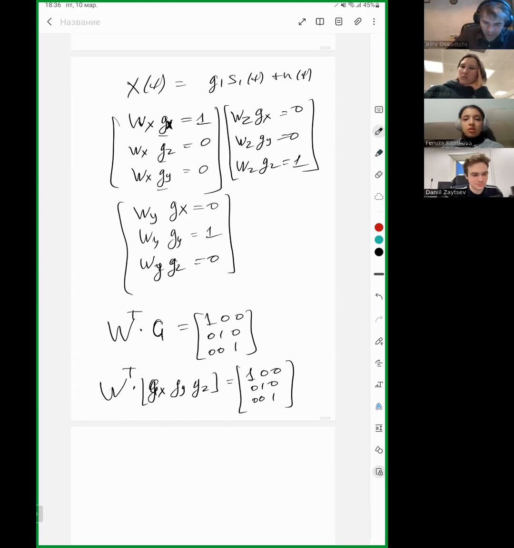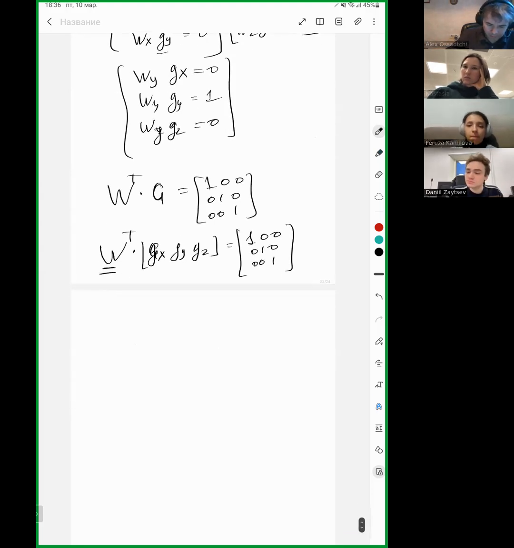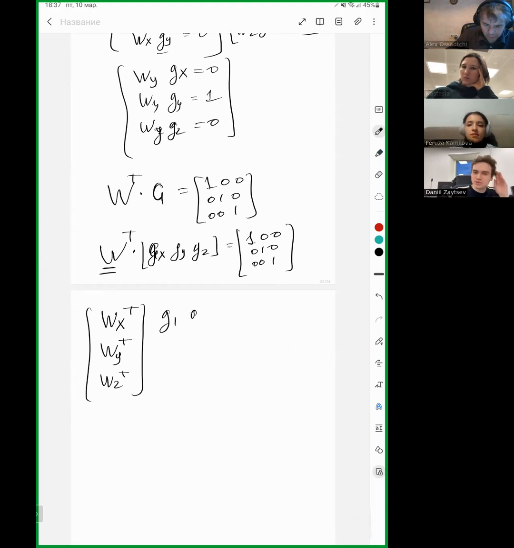Okay. And V is now a matrix. It has three elements, right? So it will have, again, Wx transpose, Wy transpose, Wz transpose, multiplied by Gx, Gy, Gz, and is equal to 1, 0, 0, 0, 1, 0, 0, 0, 1.